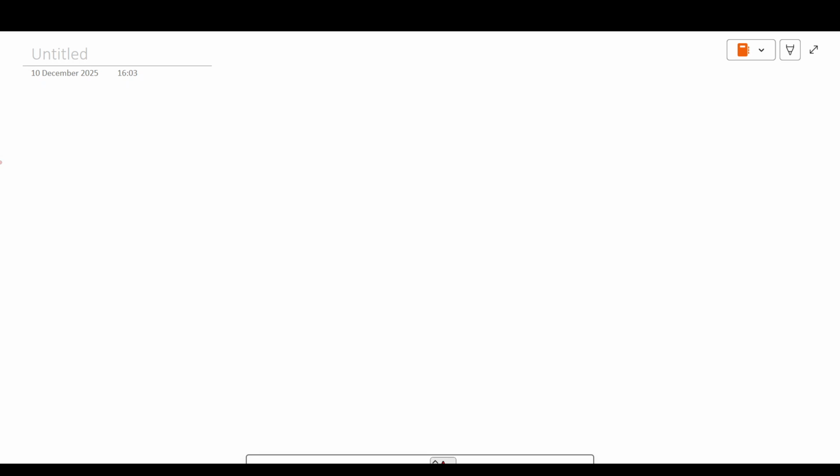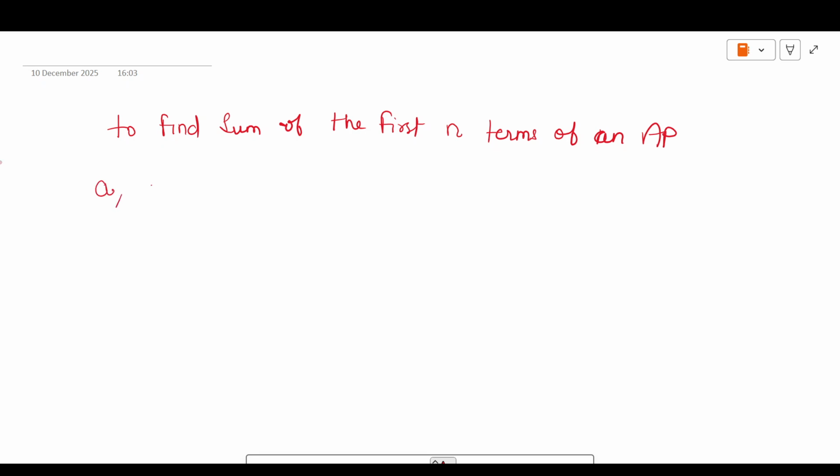Here, to find the sum of the first n terms of an AP, what are the first n terms of an AP?